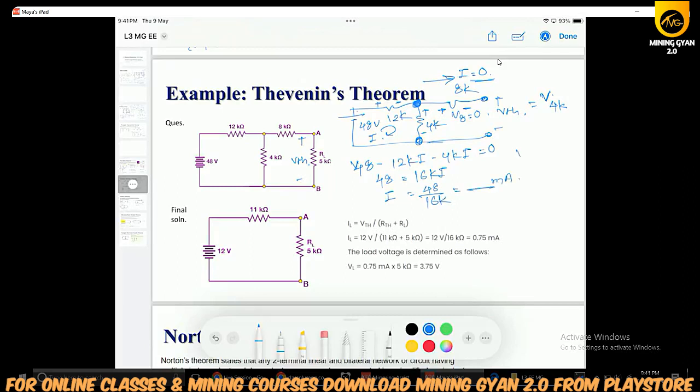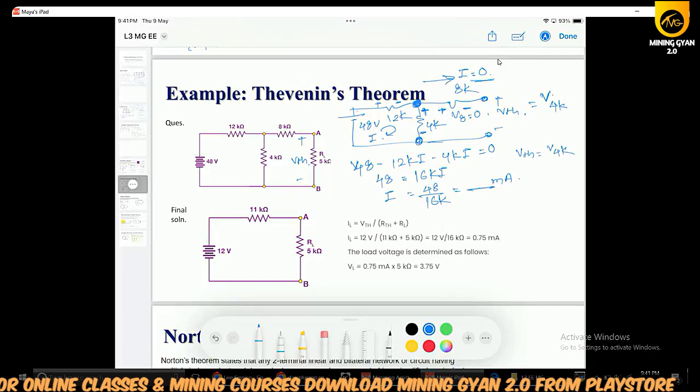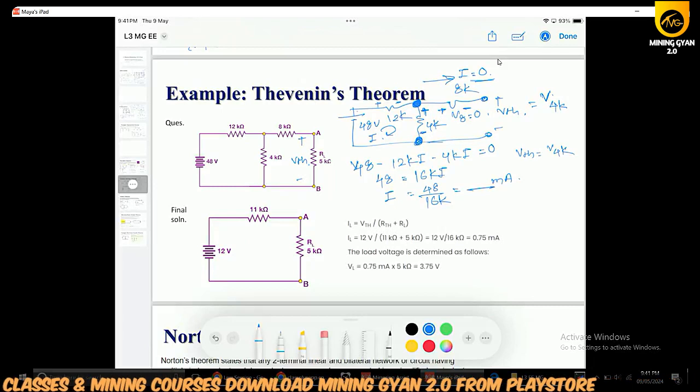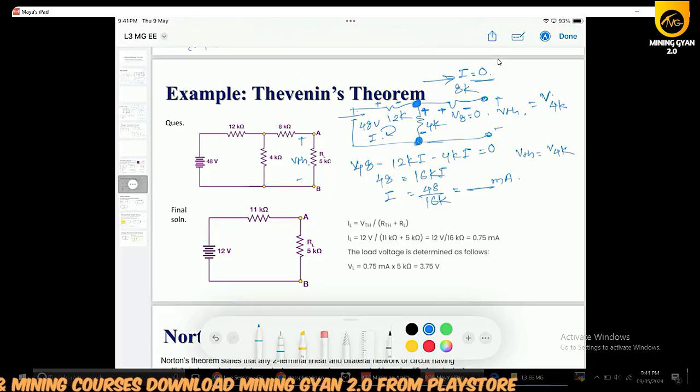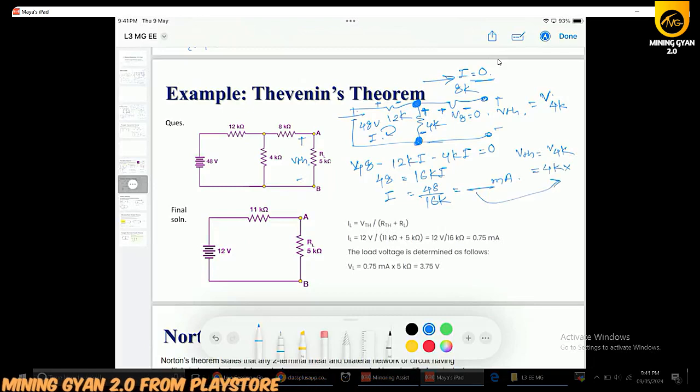Then how to calculate VTH? VTH is equal to V4K, and you can see that this terminal is at higher potential and this terminal is at lower potential. Then your V4K will be 4 kilo ohms into this current value. So that will be Thevenin's voltage.